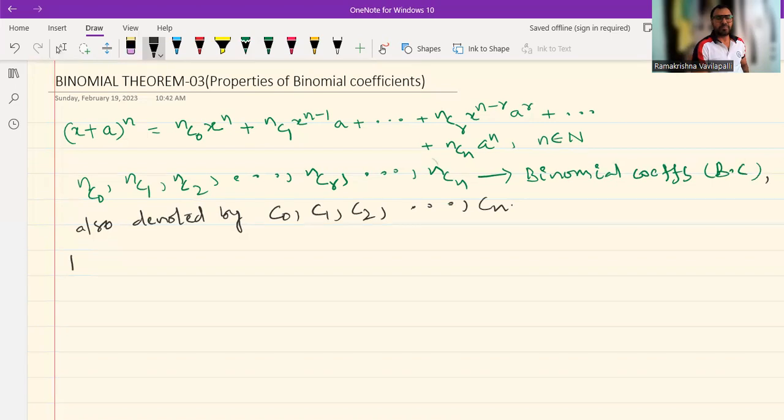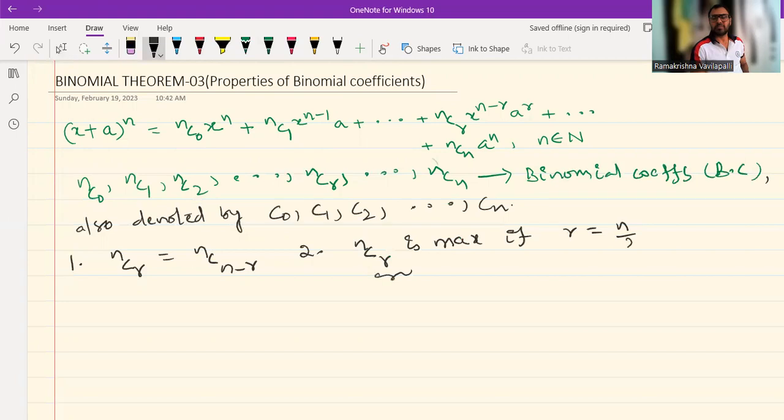So here nCr equals nC(n-r) too. nCr is maximum if r equals n/2 if n is even.